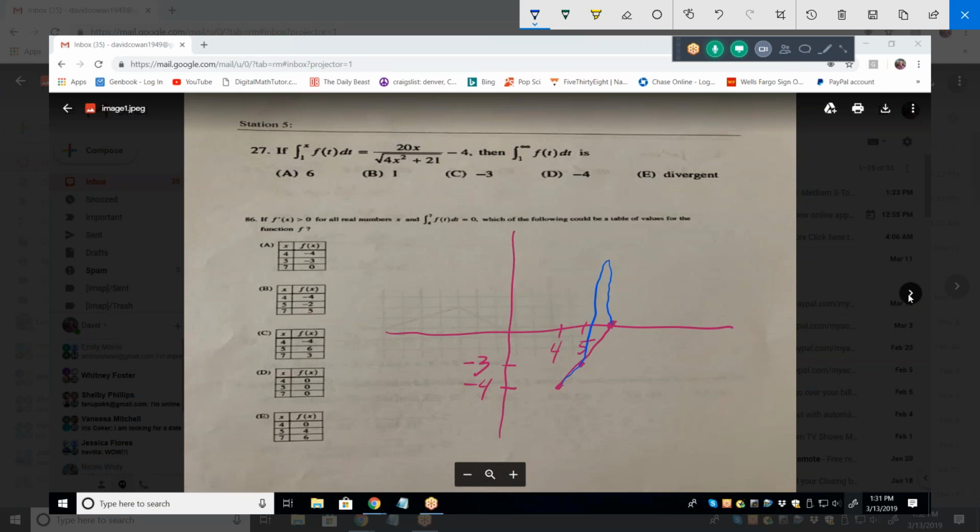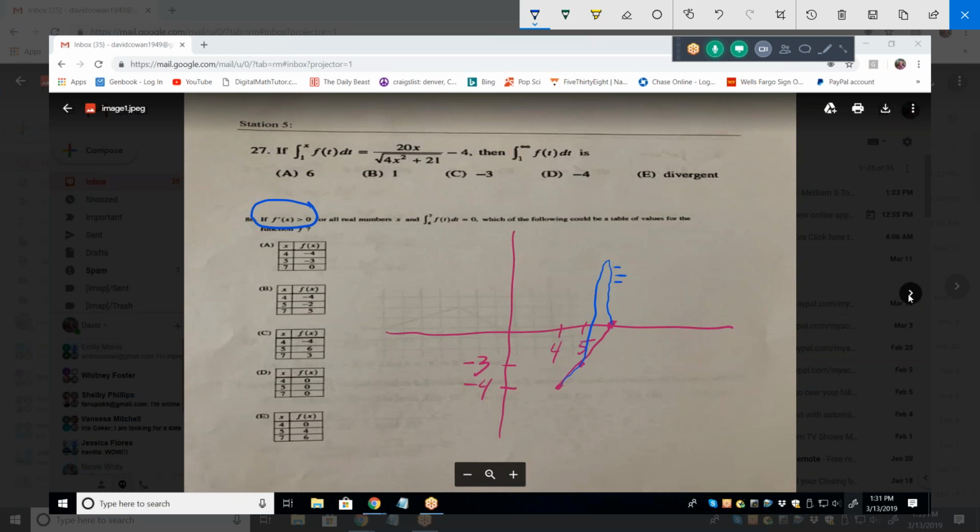Now it might be 0. In other words, I could have an equivalent amount of area above the x-axis as below. The problem with the blue is it violates this condition. That says that the first derivative always has to be positive. This would involve a negative first derivative.